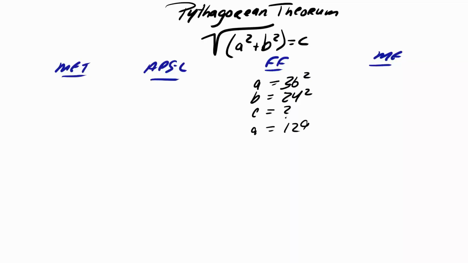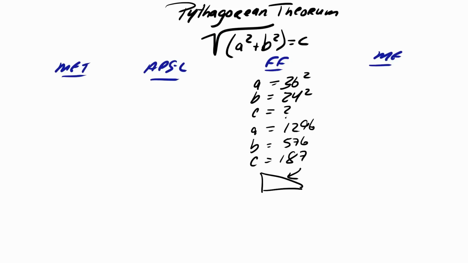So A squared is going to equal 1296. B squared is going to equal 576. So C squared equals 1872. Very simple. So once again, this is what we're trying to find. This area right here, that is the hypotenuse or that long diagonal.